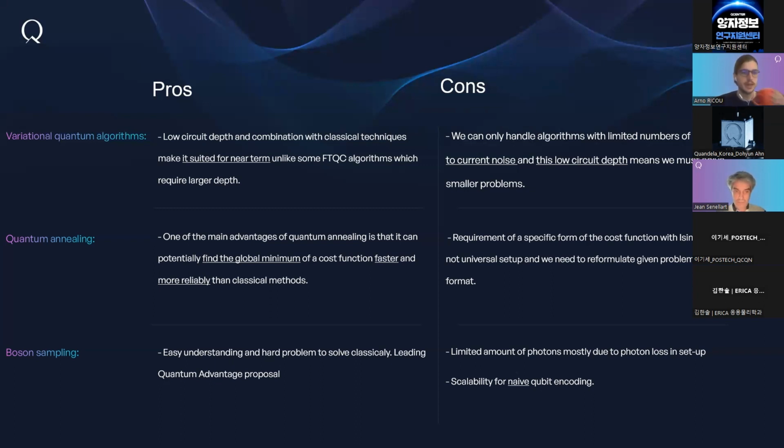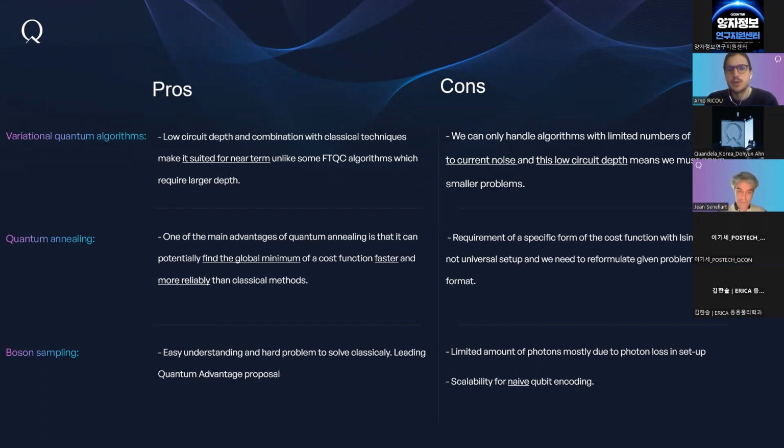Then we have quantum annealing. One of the main advantages of this approach is that it can potentially find the global minimum of a cost function much faster and more reliably than a classical computer.